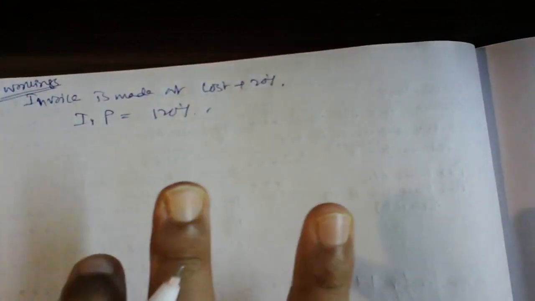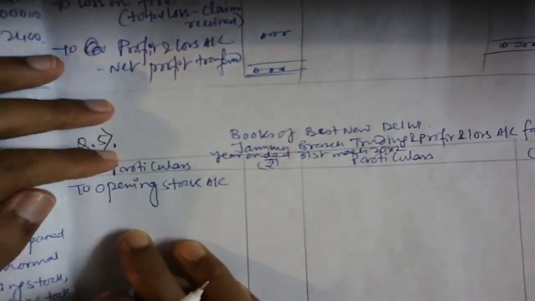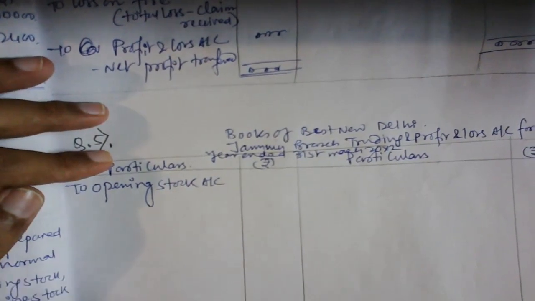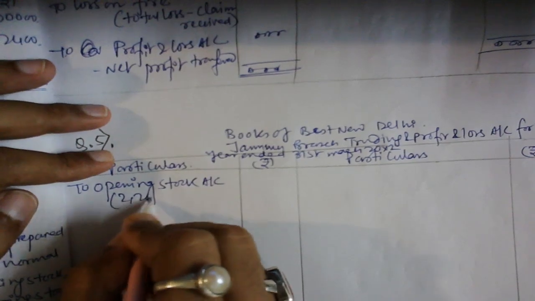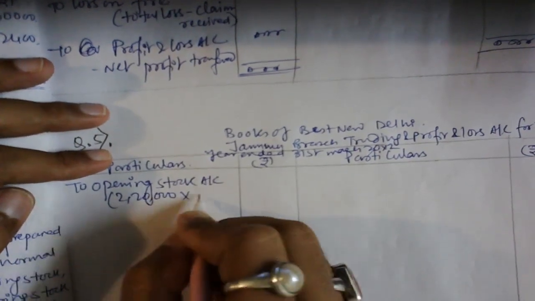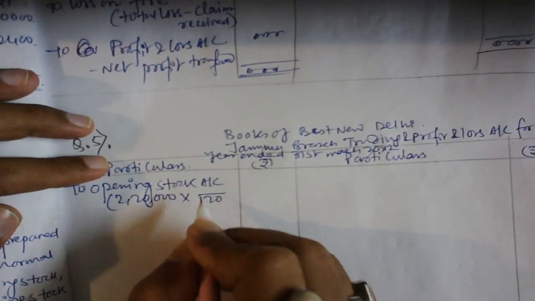So if my opening stock, my invoice price, is 2,20,000, then definitely I can say this is nothing but my 120% का value, so 100 का कितना होगा?